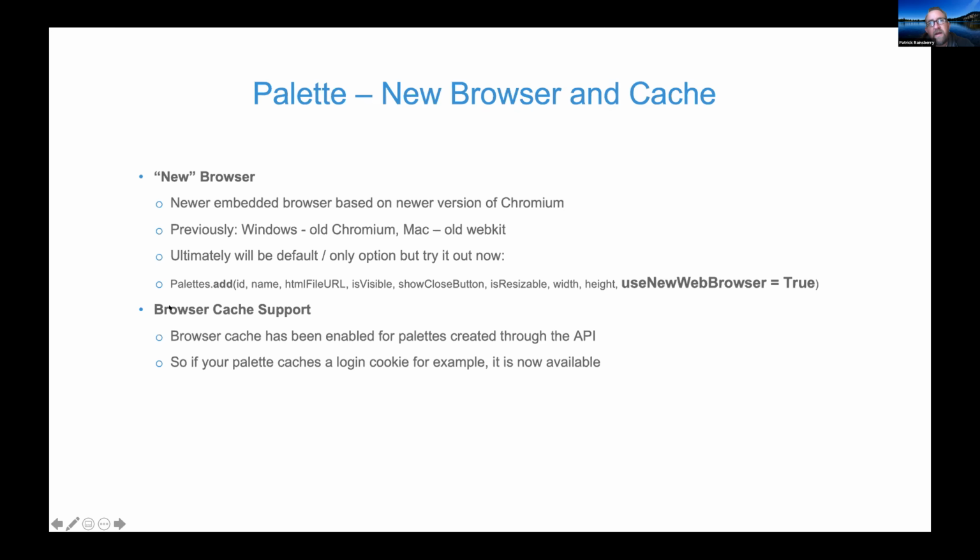So if you're presenting a website in the palette, and you want to leverage a normal browser cache to cache a login token or other cookies that you would expect to have, your app now essentially has a sandboxed cache in Fusion's application directory. Any cookies you drop will be available for your palette based on its ID. You don't actually have to do anything here, you can just operate assuming that cache is supported, just like it would be in any normal browser.